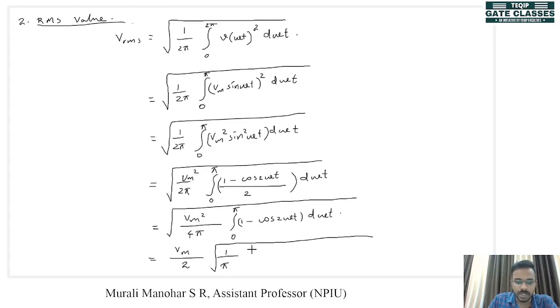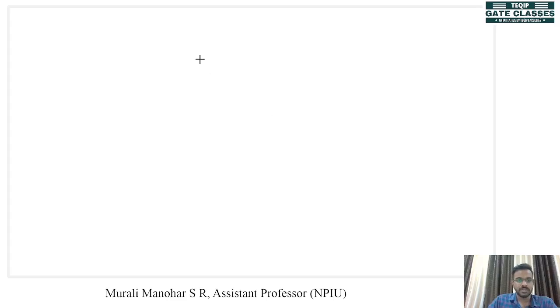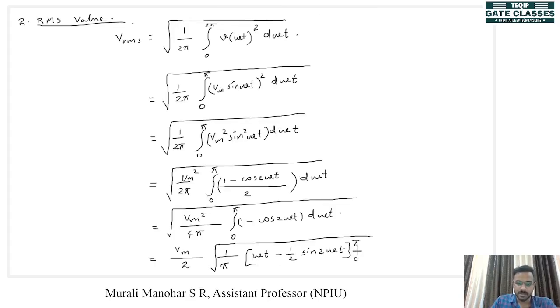The integral of 1 d omega t will be omega t, and the integral of cos 2 omega t d omega t will be 1 by 2 sin 2 omega t, and the limits are 0 to pi. Okay. So when we do this, it's equal to Vm by 2 into root of 1 by pi into, apply the limits here.